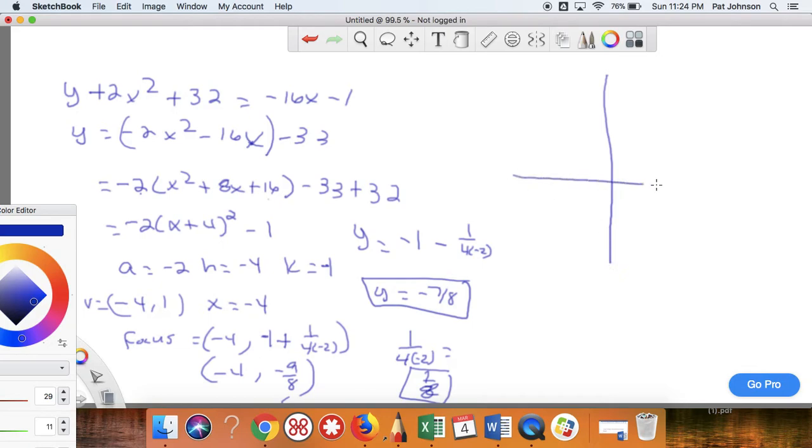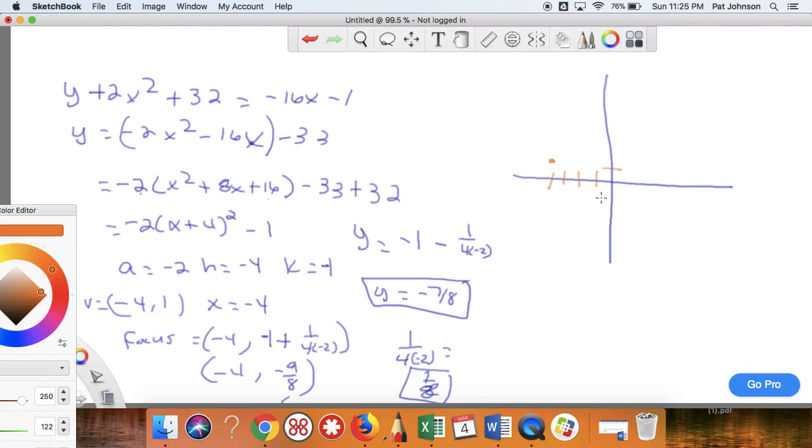So we know it opens up-down, so we need to graph our (h, k), which is 1, 2, 3, 4, 1. We know a is negative, so it's going to open down. What else do we know? Our directrix is y equals negative 7/8. Oh, it can open down.